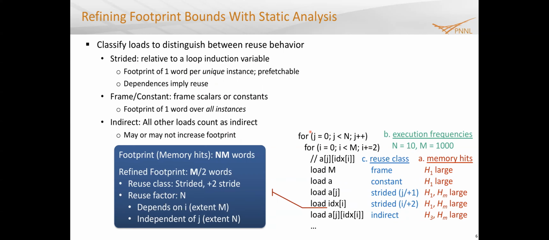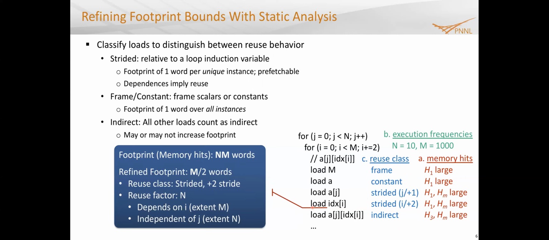Let's look at the example below. By only looking at the memory hits, which are the red ones in here, we would calculate the footprint of the 4th load, the index I load, as n times m words. But with the addition of the reuse classes coming from the static analysis and the execution frequencies coming from the safety profile, we can calculate the real footprint is m divided by 2 words. Why is it m divided by 2 words?